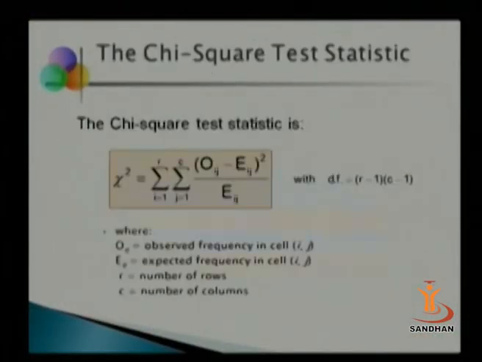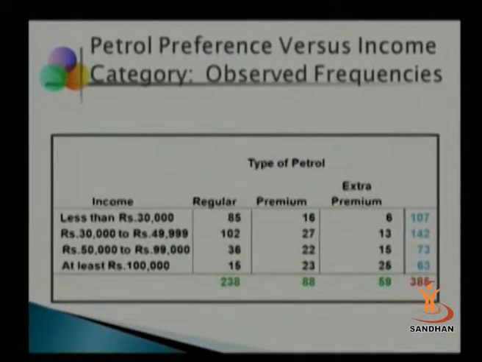There are many applications one can use, but the main thing is whenever we have qualitative data, for example type of petrol, whether it is regular, premium or extra premium. In this way one can test the hypothesis where we have qualitative data.